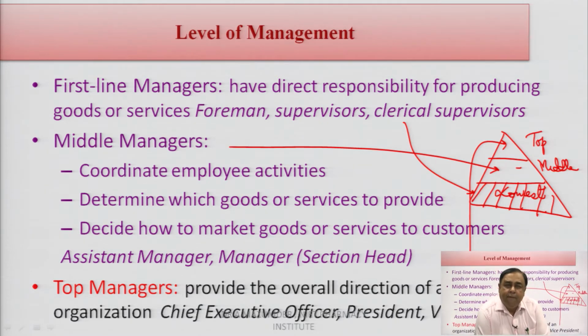It means that the number of first line managers is maximum, the number of people working at the middle level is moderate, and the number of people working as top level managers is very small.